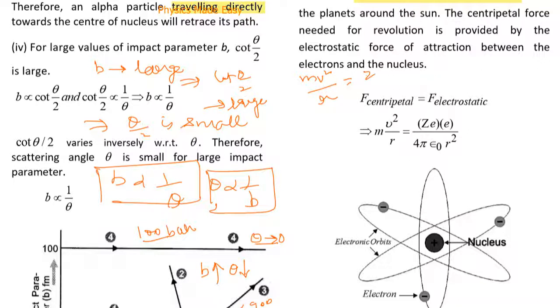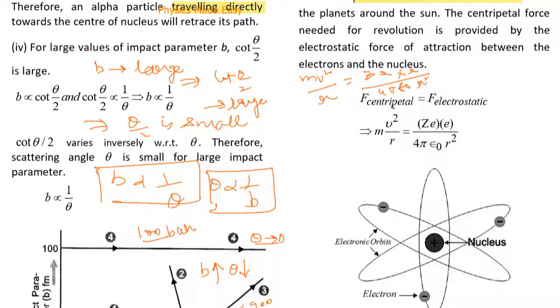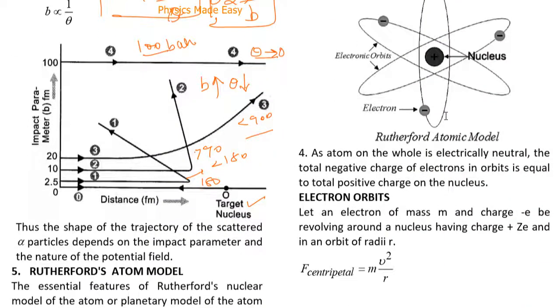This is equal to the electrostatic force Ze into e over 4 pi epsilon naught r square. The centripetal force is balanced by the electrostatic force, or we can say that the electrostatic force provides the centripetal force.